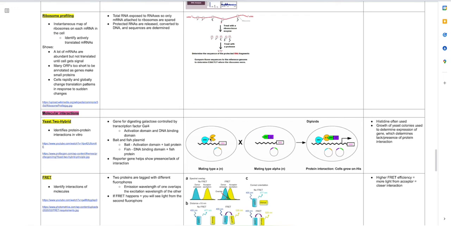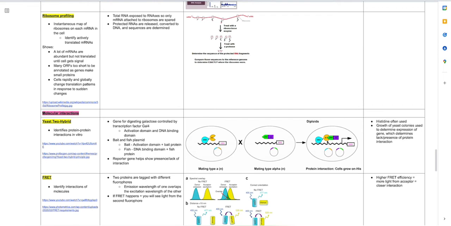If there's an interaction between these two proteins, then they're going to bind, and the DNA binding domain and the activation domain become part of the same complex again. So the gene gets to work. The way you can see whether there's an interaction is you monitor the expression of the gene.